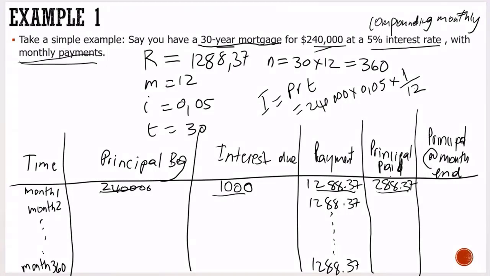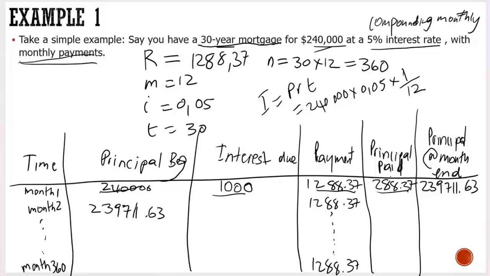Remember, I've given you the formulas that you can use across. So the principal at the end is going to be 239,711.63. So this is what you are starting with at the new month.